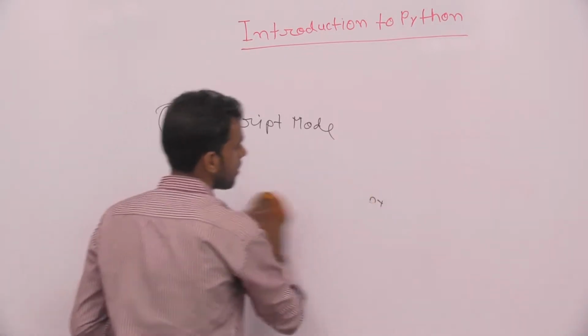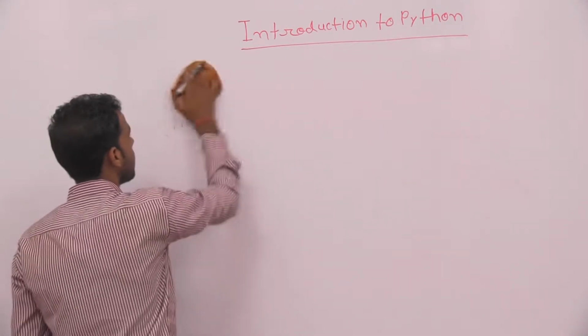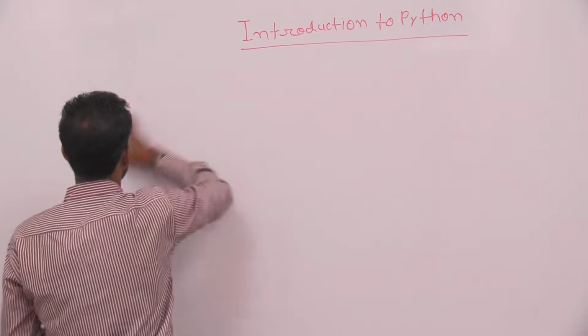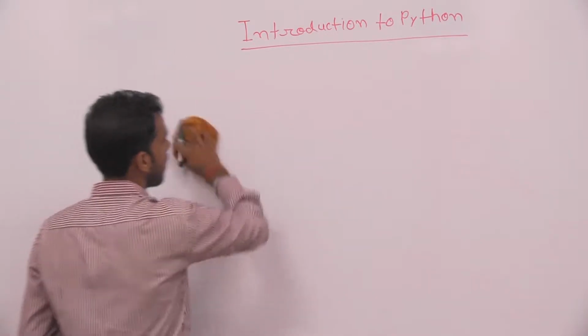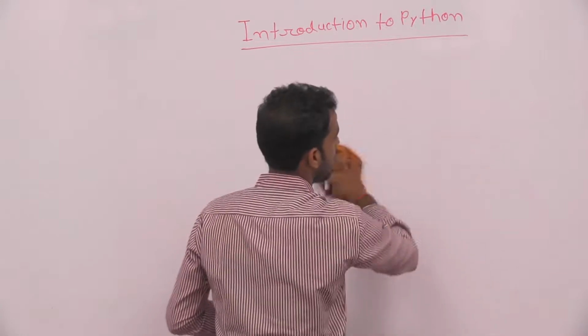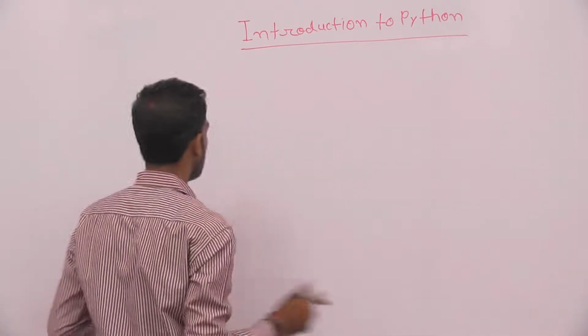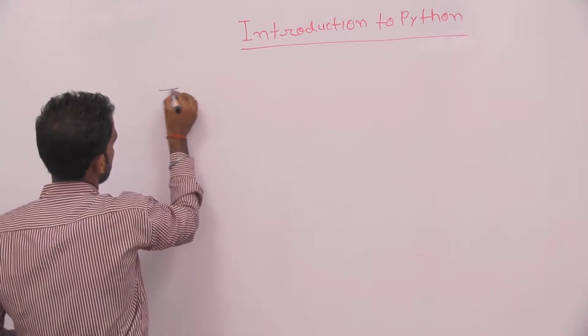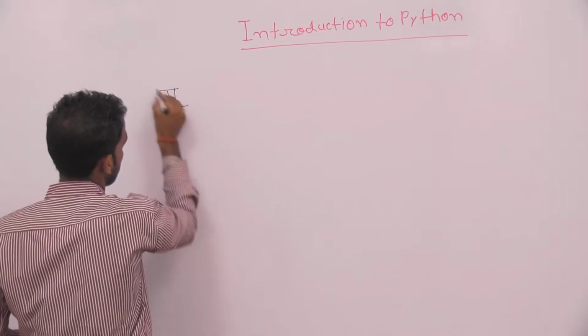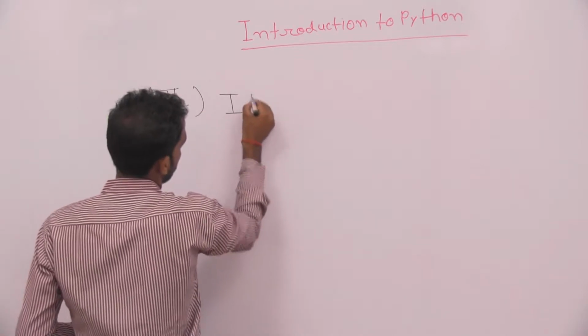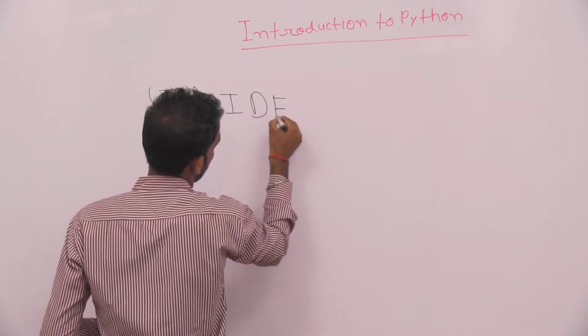The other option, as I have told you earlier, is that we can also use an IDE, which gives a complete environment where you can edit, run or debug Python programs. The second is IDE, which is basically an integrated development environment.